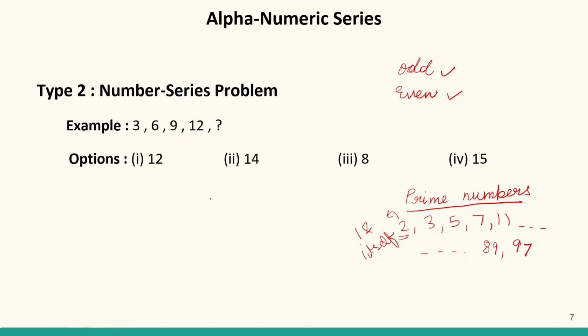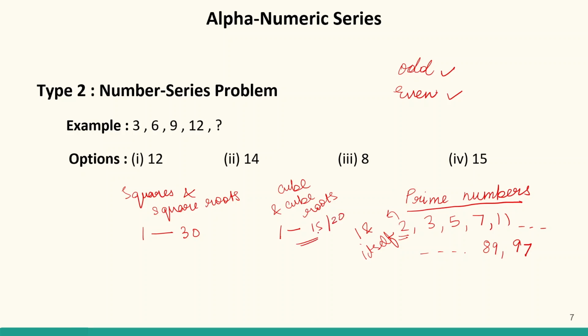This you should know. Then you should also know squares and square roots, and also cubes and cube roots. For squares, I would say that up till 30 is ideal, 1 to 30. But if you can remember more than that, that is also good. For cubes, I would say that 1 to 15 or 20 is more than enough. Okay, this is how much you should know. So let's see.